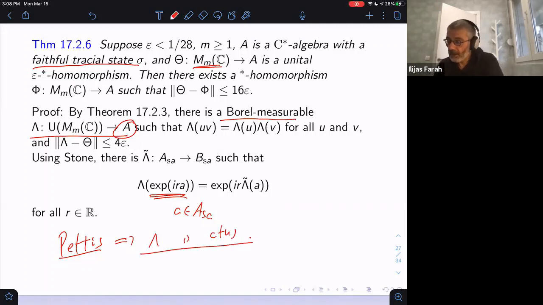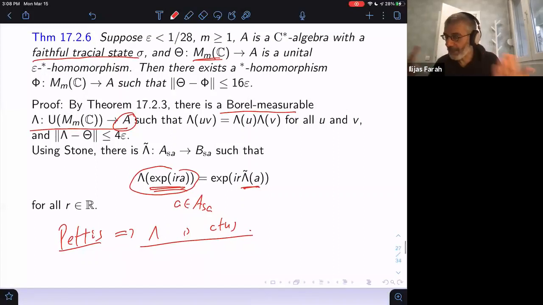All right. So lambda is continuous, which means that if I feed a one-parameter group into lambda, it is going to pop out another one-parameter group. So this one-parameter group by Stone's theorem has this seed, this self-adjoint operator, and I called it lambda tilde of a. All right.